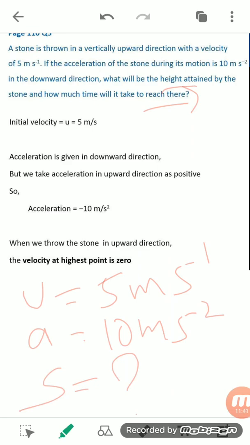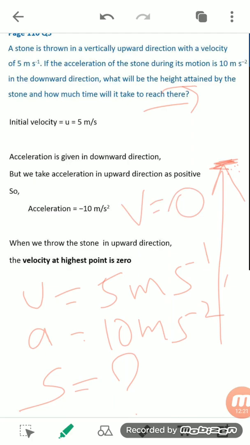And one more thing: when the ball is thrown vertically upward, it reaches a height up to which it goes, and after that it starts coming down. When it reaches this height, the ball comes to the rest position, and then finally it starts going down. So we can say the final velocity at the highest point is 0.